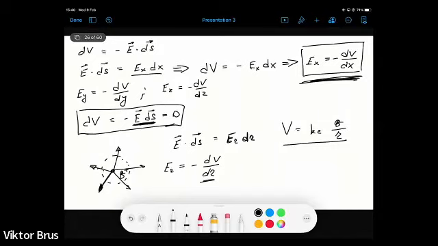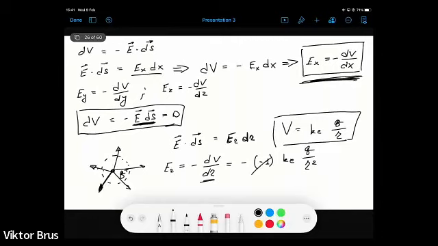So now what we need to do is take the first derivative of this expression for electrostatic potential around a point charge over dr. So that will be equal, here we have minus. If we take the derivative here, we will get one more minus, so minus 1 Ke times Q divided by r squared.